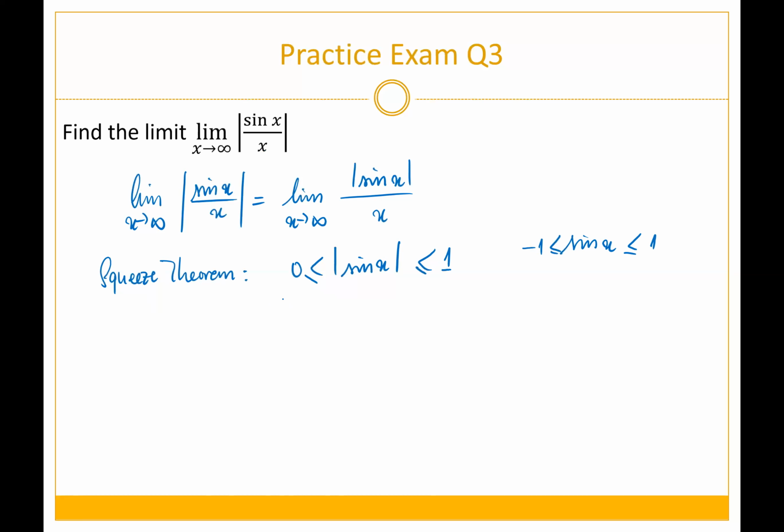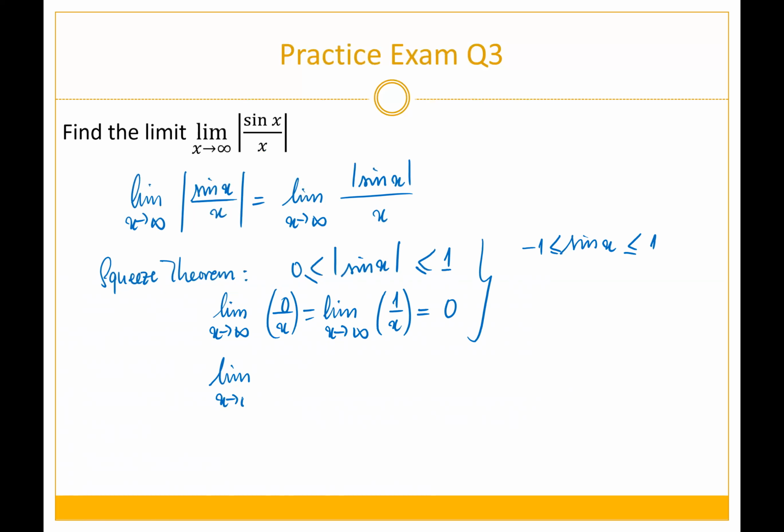And so you have limit of x approaching infinity of 0 over x is equal to limit of x approaching infinity of 1 over x, which is just going to give 0. Therefore, limit of x approaching infinity of absolute value of sine x over x is also going to be 0.